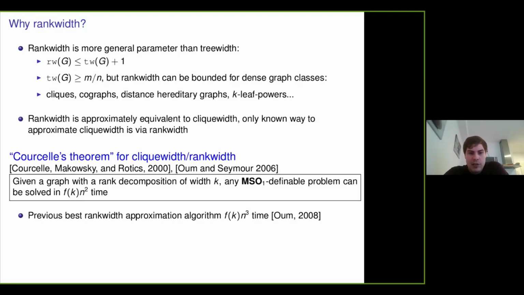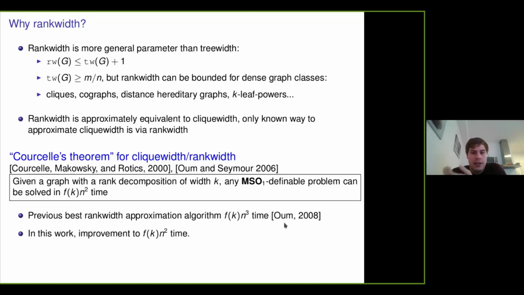Previously, the situation was that the best known algorithm for computing a rank decomposition, or even an approximate rank decomposition, which is enough for this result, was cubic time for fixed k. There were multiple of these kinds of algorithms, but the first of them was given by Oum in 2008.